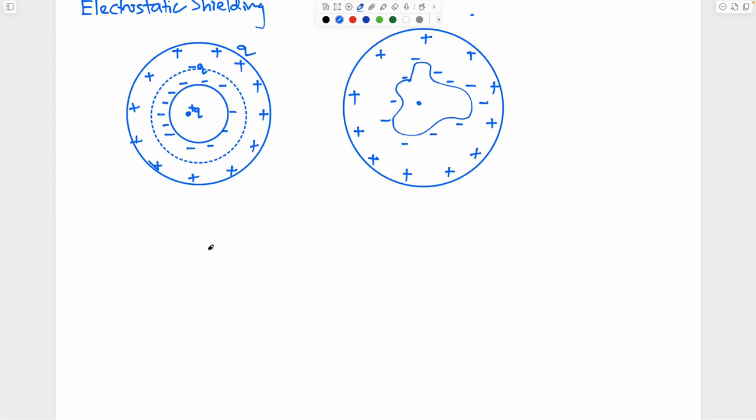The other case is if there's lightning outside, or some electric field, then we want to prove that the field inside the cavity is zero.